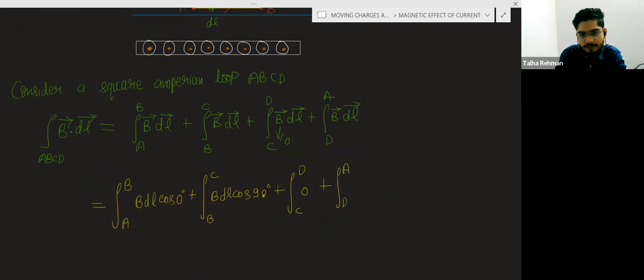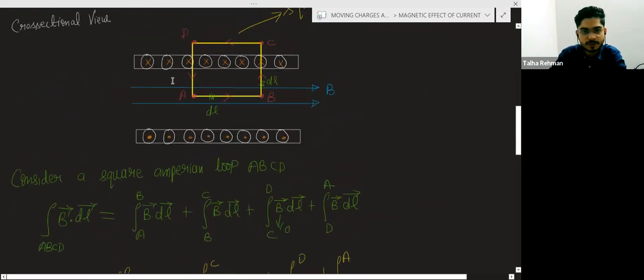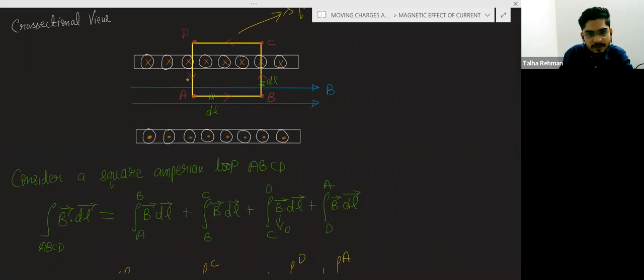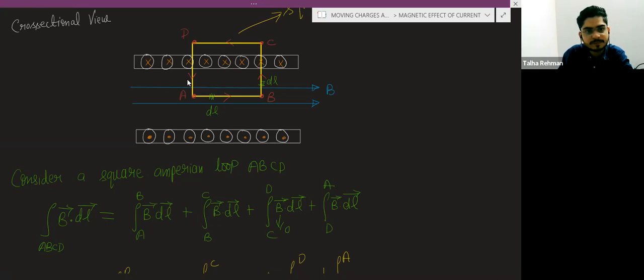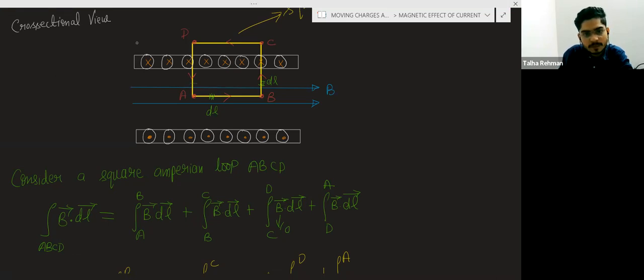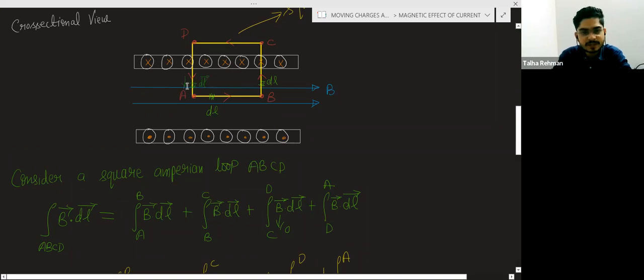From D to A, this is D, this is A. The magnetic field direction is along the x direction, and DL direction will be along the negative y. The direction of the DL will be in this direction, and the magnetic field is in this direction.